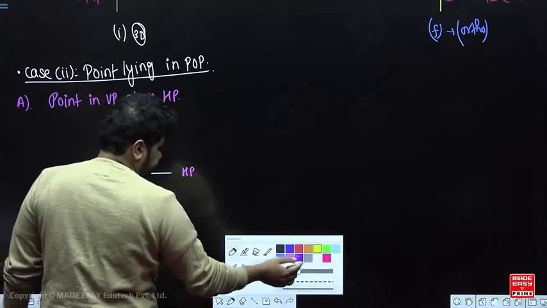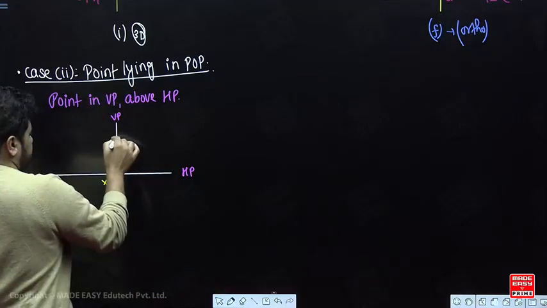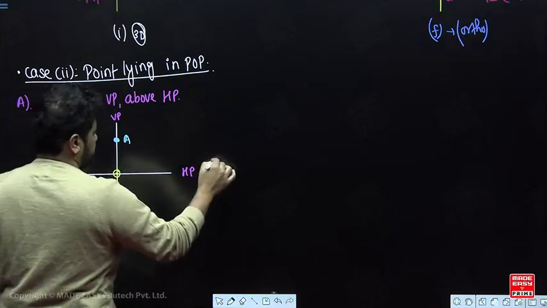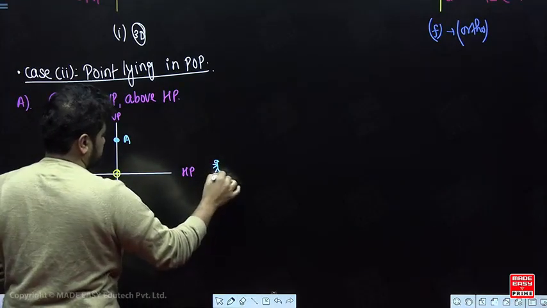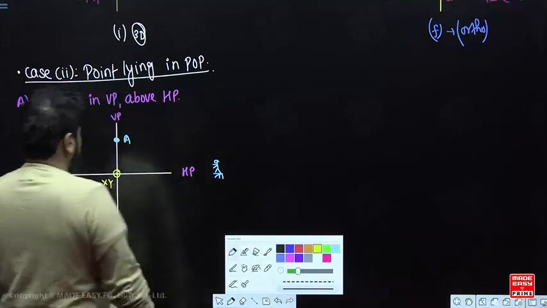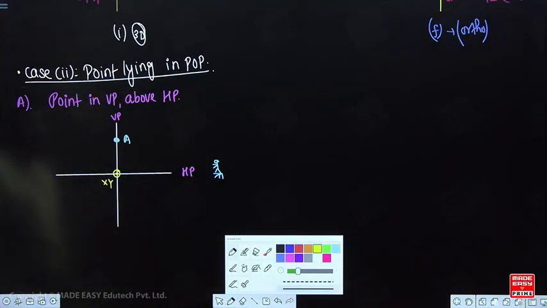Fine. Let us say the point is here. This is the observer. Fine. Now the point is in VP and above HP.